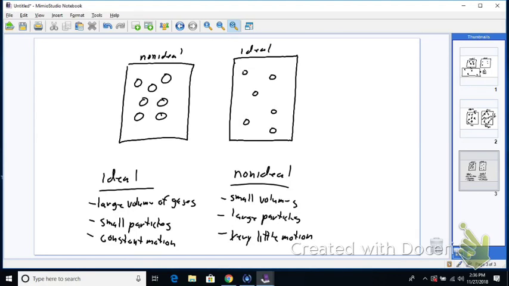Okay, what else? There's some more dealing with speeds and velocities and those type of things. What about the collisions? If they're ideal, they're going to be what? Elastic. If they're non-ideal, they would be what? Non-elastic. We call them inelastic.